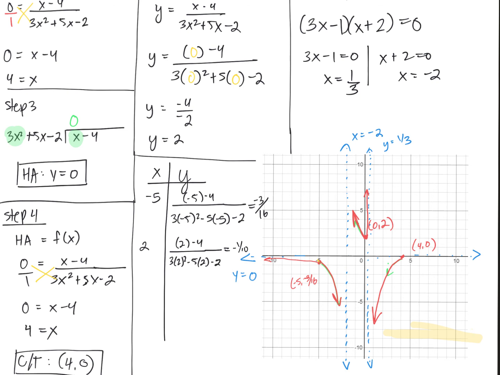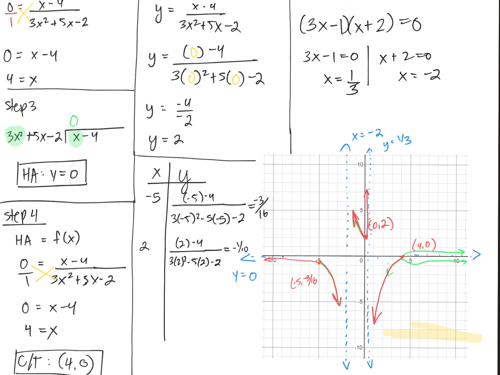Lastly, I need to take a look at the right of my dot. Two options. Possibly it's below my horizontal asymptote and it skirts along below. So something like this. Or it's above my horizontal asymptote and it skirts along above. How will I know which option it is?